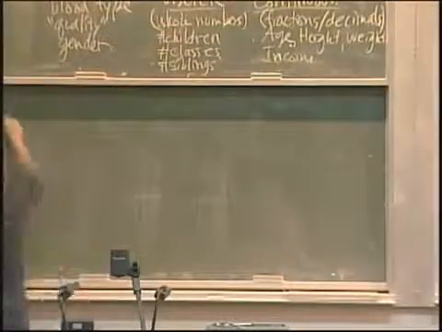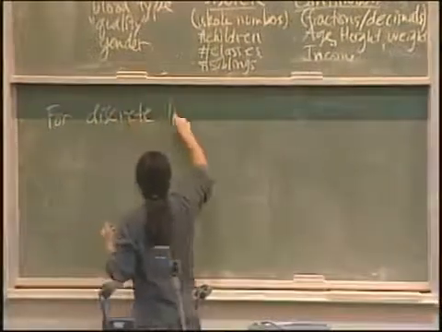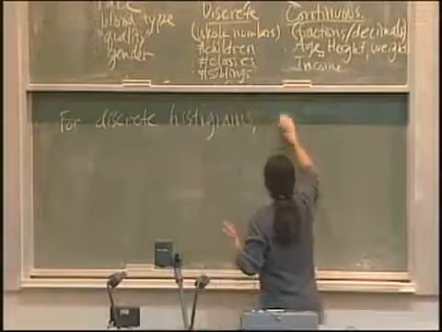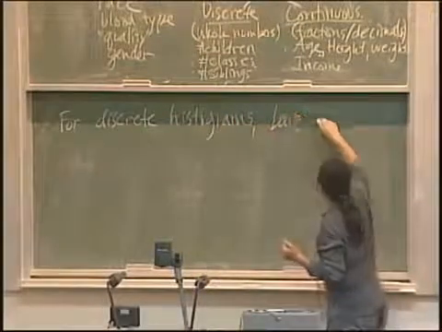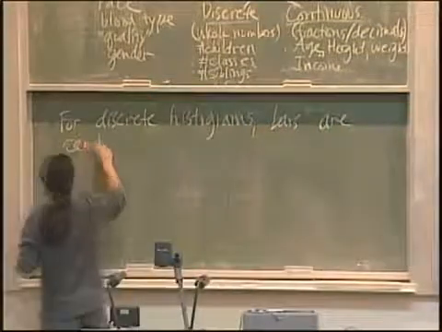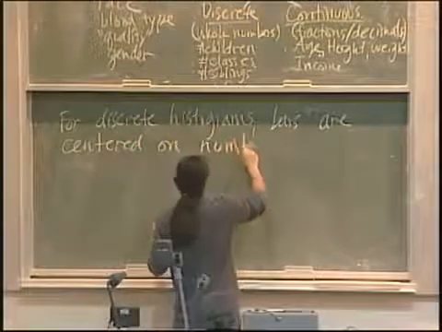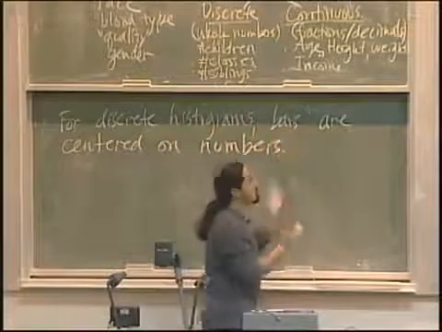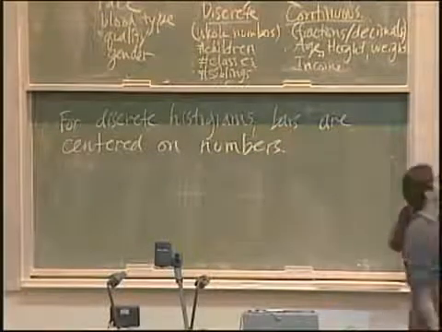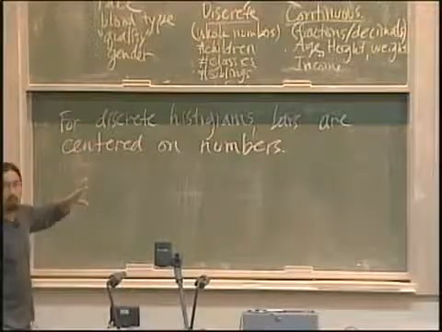Okay, so for discrete histograms, the bars will be centered on the numbers. So I won't do class intervals like I did here, where I have ranges like 0 to 200, 200 to 400, like that. I'll just draw bars for each number, okay?